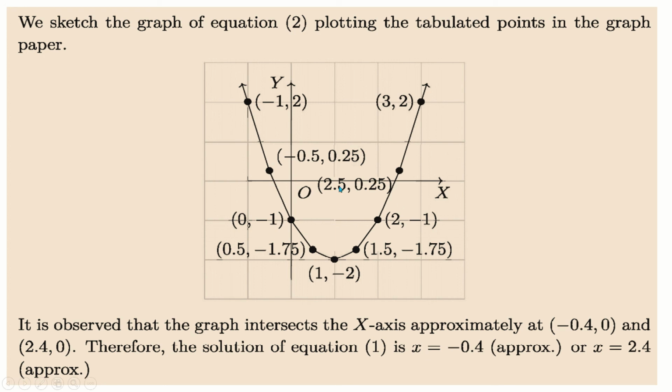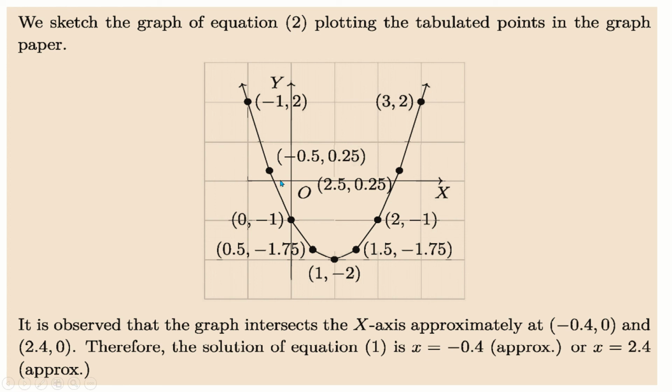So to easily understand what these points are, you will solve this quadratic equation by using the formula. You know how to solve by using the formula, so from there you can easily understand what this point will be.